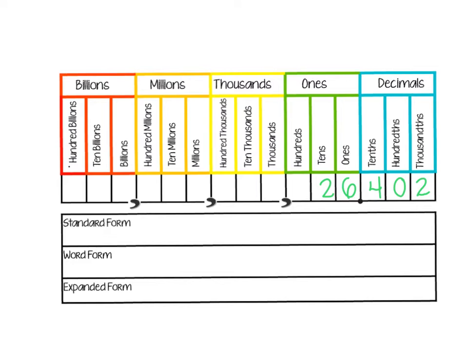Shavi, can you read this one for me? 26 and 402 thousandths. Good. Shavi, that one was a challenging one. You did an awesome job. So he read this number just like normal, 402. And then he read that last place value spot.